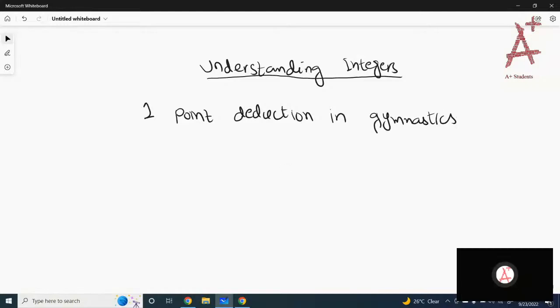So here you have a deduction. Deduction means it's a loss, or you can say a decrease. So whenever you have to represent a loss or a decrease, you can represent this with a negative integer. So you can represent a deduction of 1 point by -1. Got it?